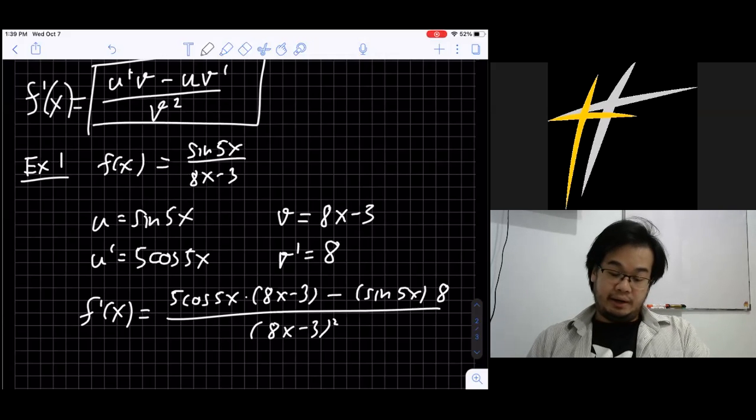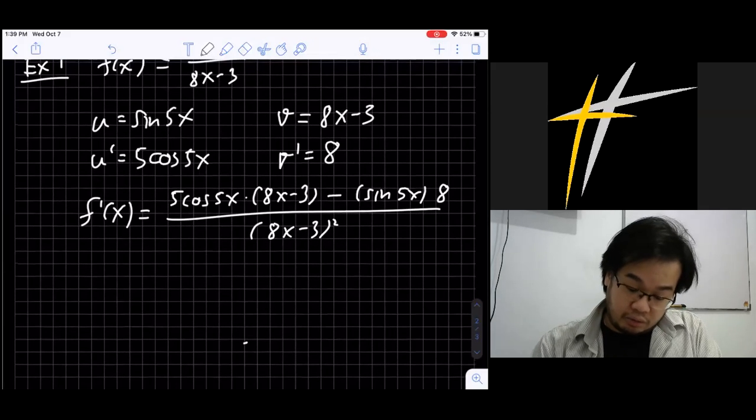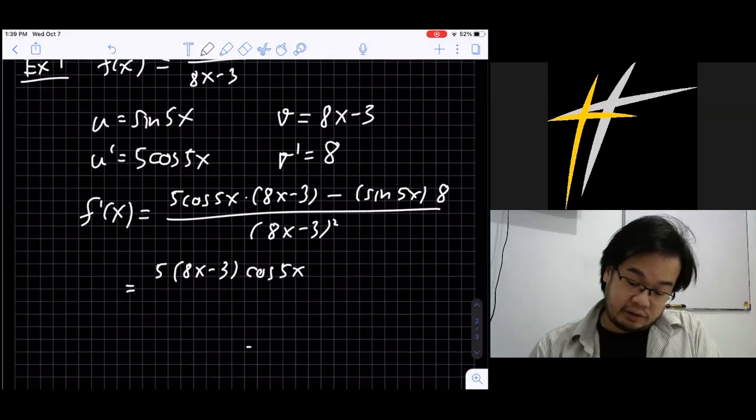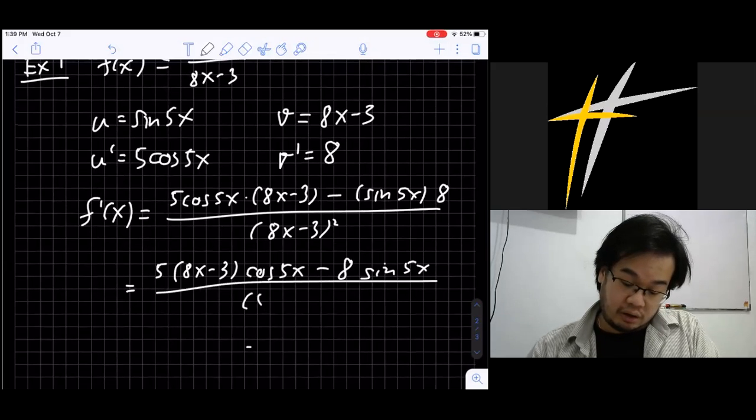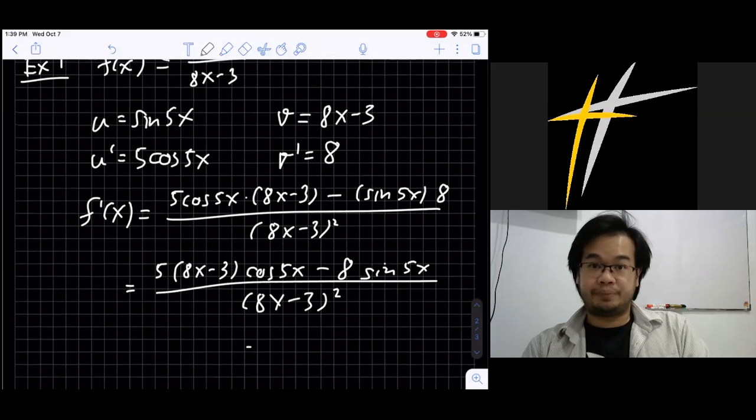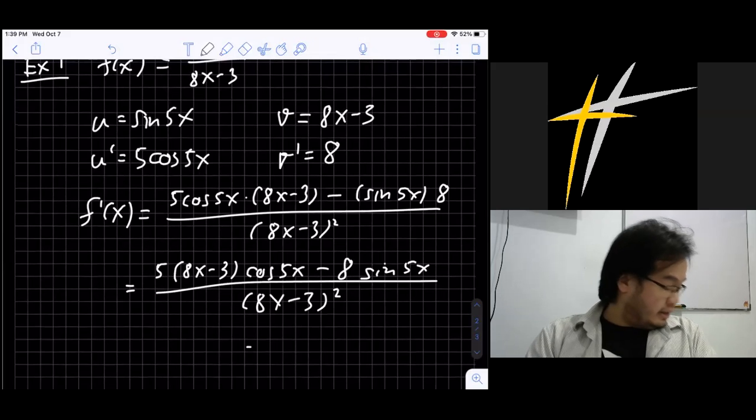Okay, and I don't think this can be simplified. If you want to rewrite it, then it's equal to 5(8x minus 3) cosine 5x minus 8 sine 5x over (8x minus 3) squared. Okay, so that's example 1.